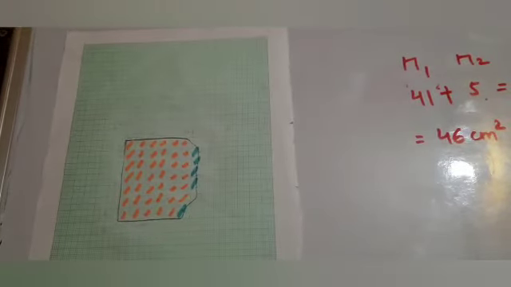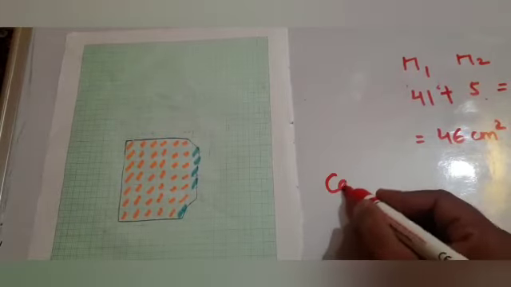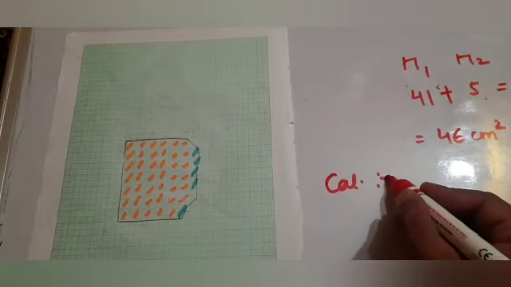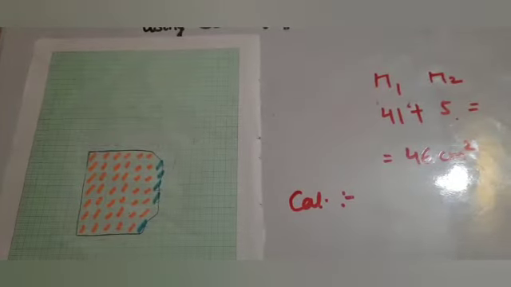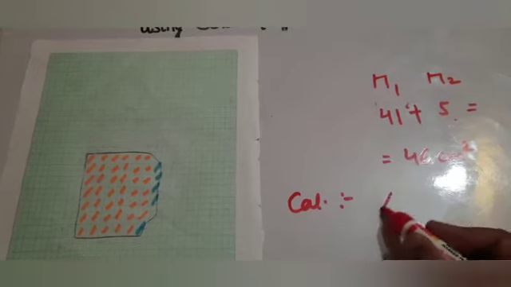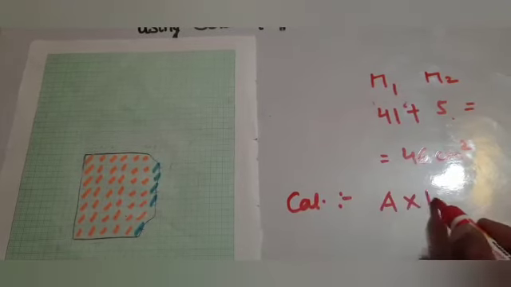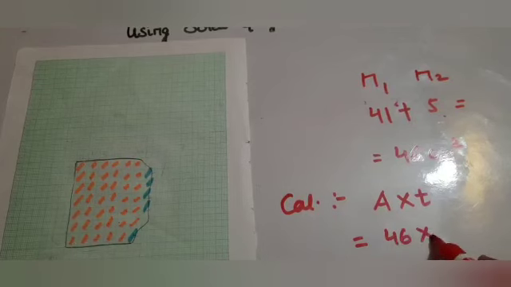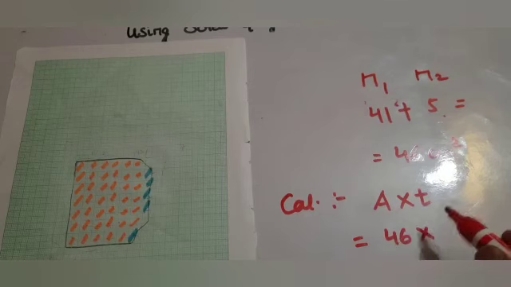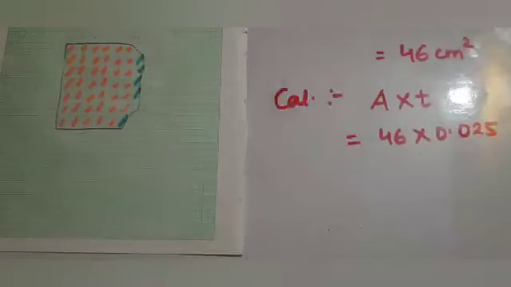Now, calculation. In order to calculate the volume of an irregular lamina, we have the formula: area into thickness. Our area is 46, and in our previous part we calculated the thickness as 0.025 centimeter.